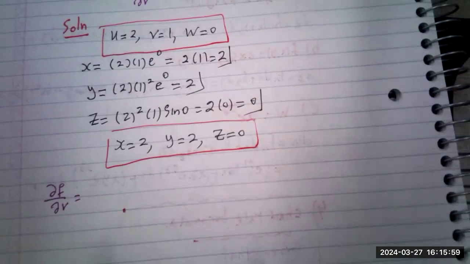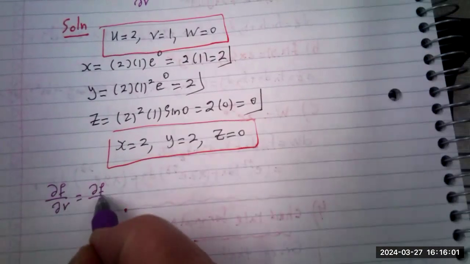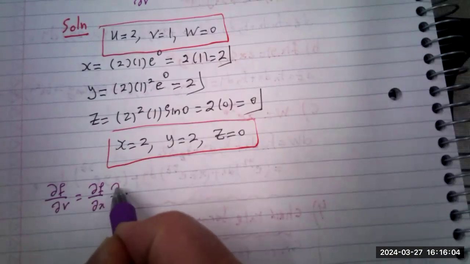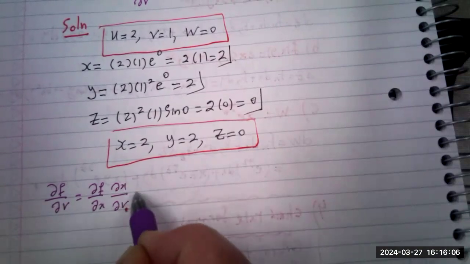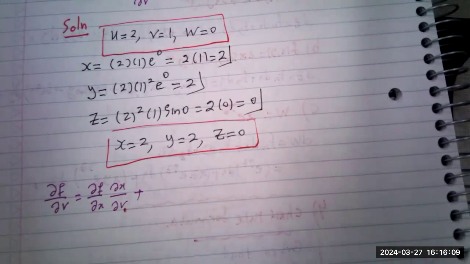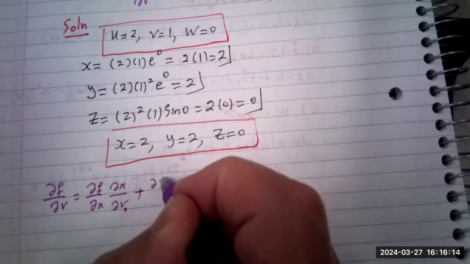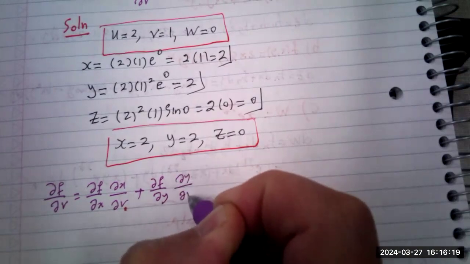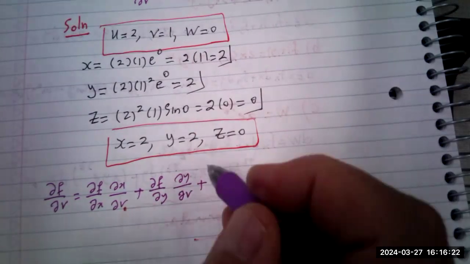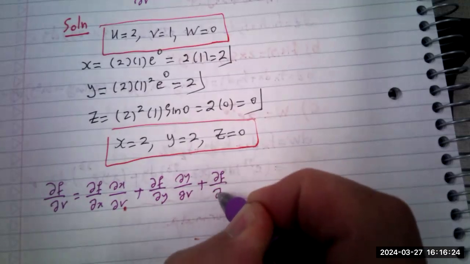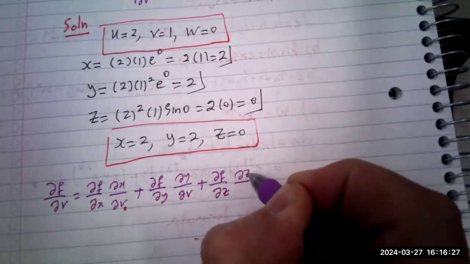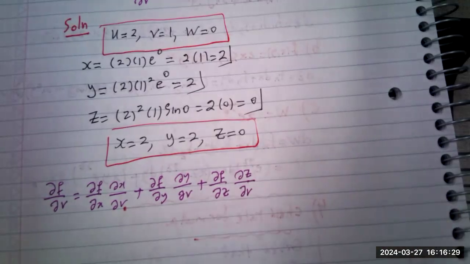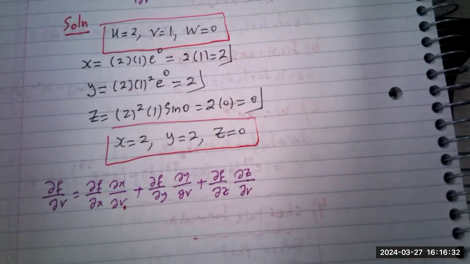F is a function of x, so it's round f, round x, but x is a function of v, round x, round v, plus, adding the second variable, round f, round y, and y is a function of v, plus round f, round z, and z is a function of v. This would be the formula. It's a composition of two functions.